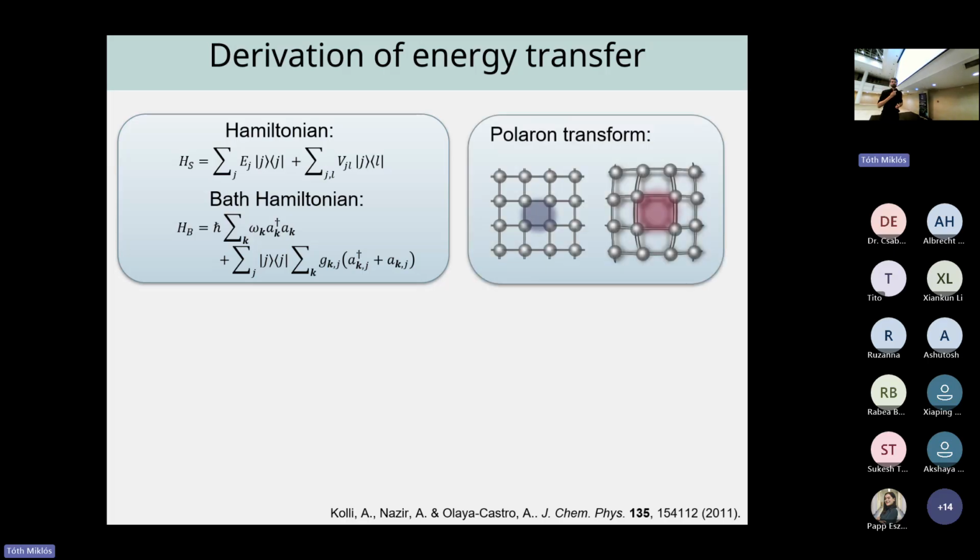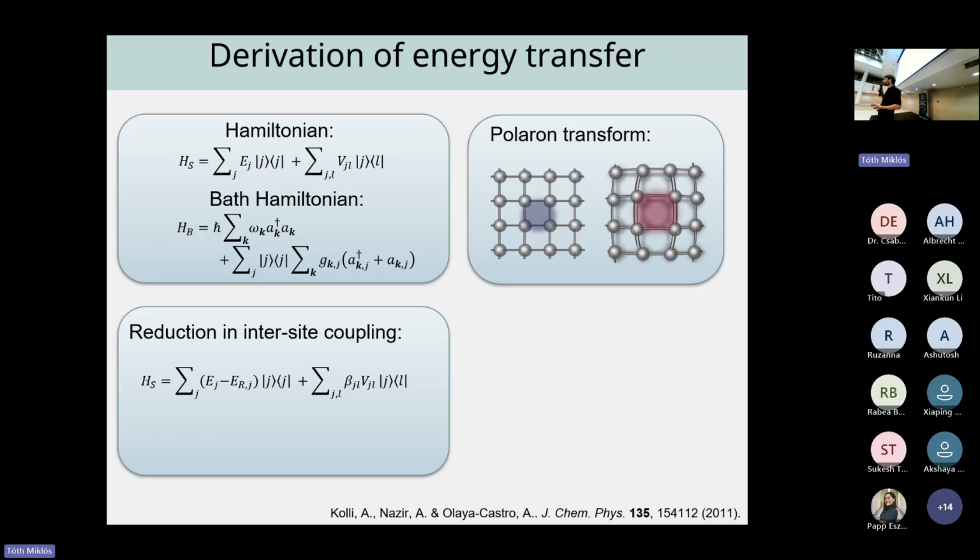For everyone who's not familiar with this, it is a way of tackling strong system environment interaction by diagonalizing the system bath interaction. What that physically means is that we absorb parts of the environmental vibrations into a displacement associated with the excited state. This is a method that is very commonly used, for example, in solid state physics, but also many people in this audience will have worked with a polaron master equation.